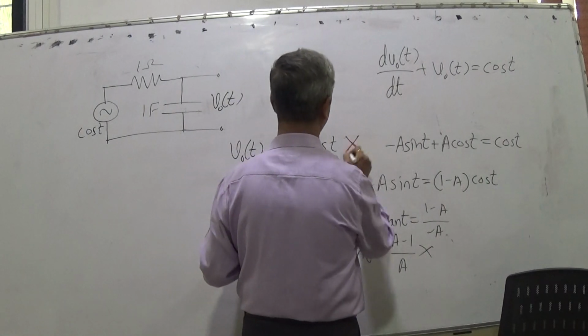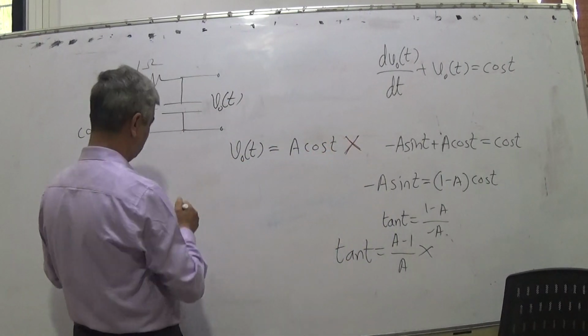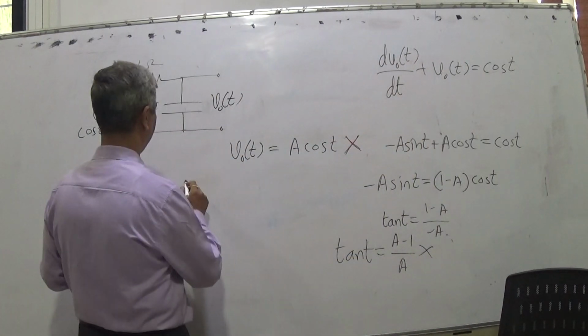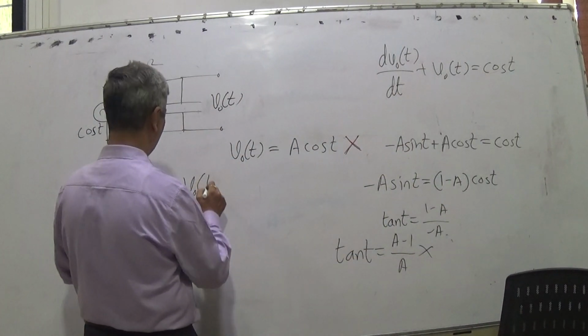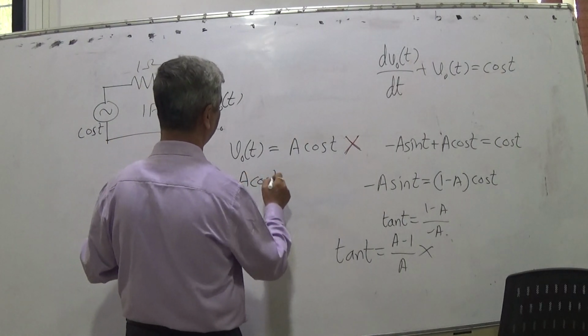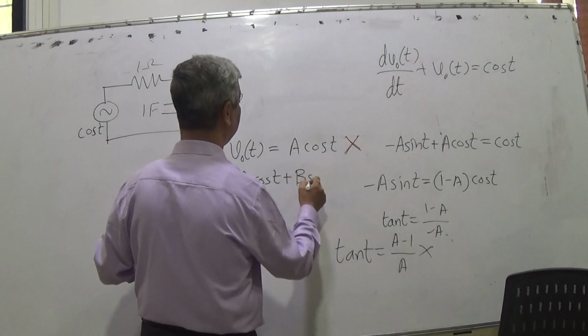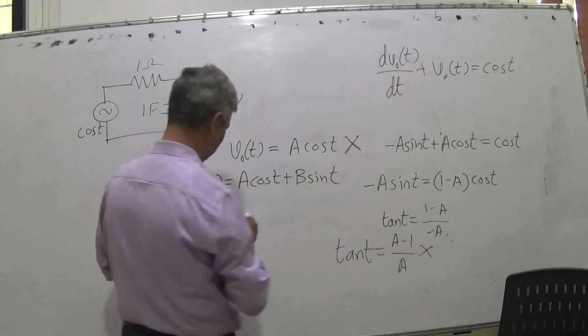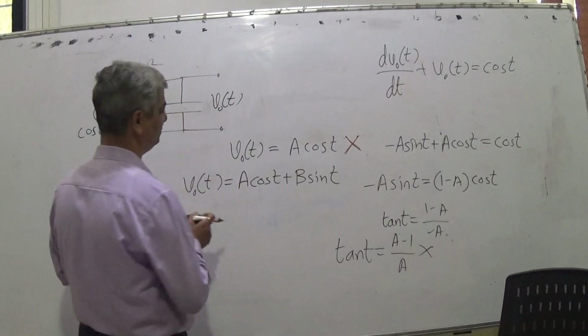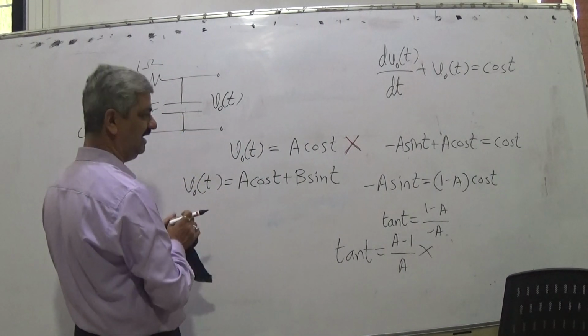Then I give you a hint, and coupled homework. Let v of t be equal to a cos t plus b sin t, because neither a cos t will help nor a sin t will help.